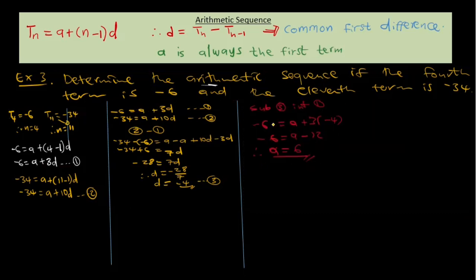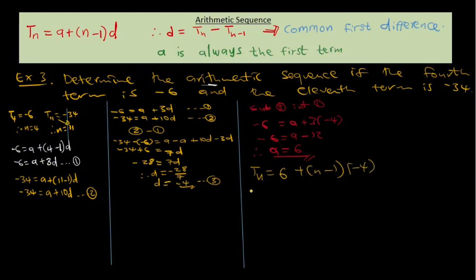All right, so I have the value of a. Going back to the question, determine the arithmetic sequence: term 1, term 2, term 3. I know that Tn equals a, which is 6, and d is minus 4.